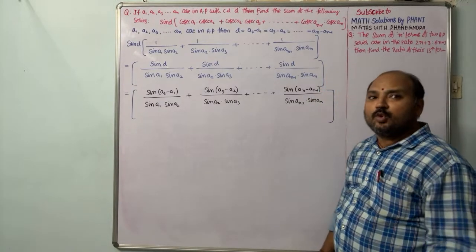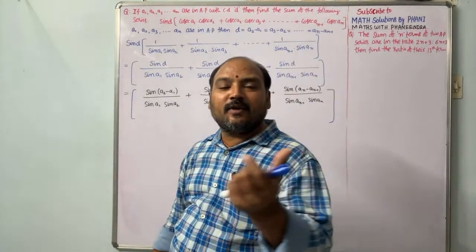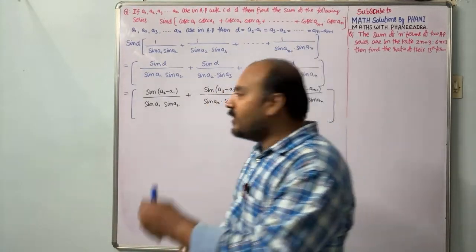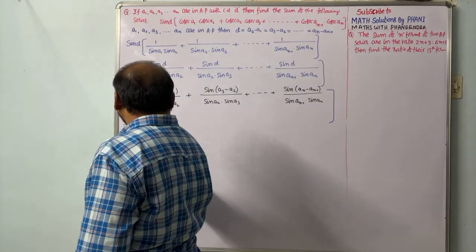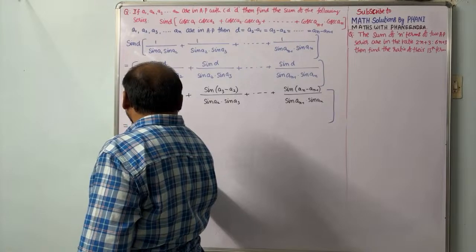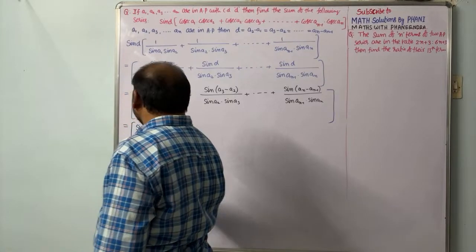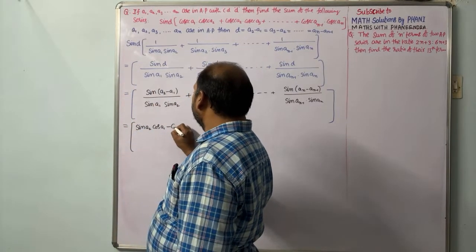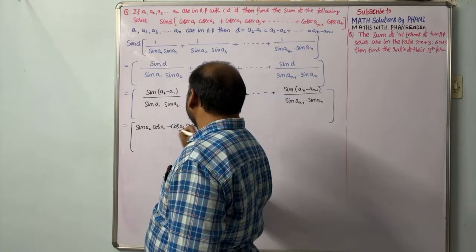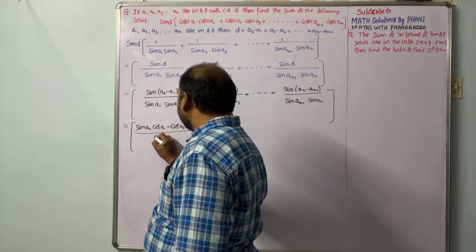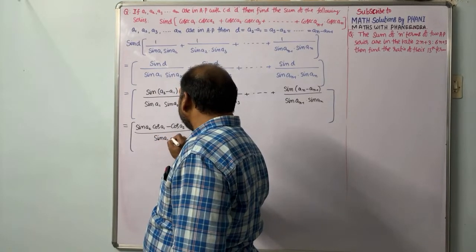Okay students, you know the sine expansion, sin(A minus B) is sin A cos B minus cos A sin B. So sin A2 cos A1 minus cos A2 sin A1 divided by sin A1 into sin A2.